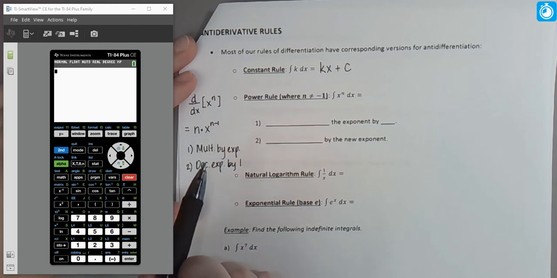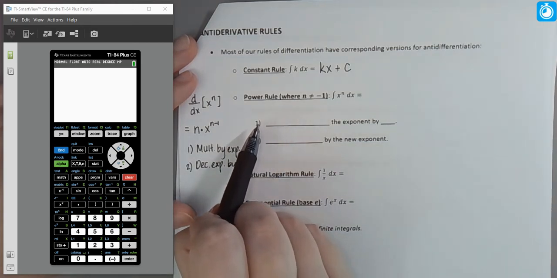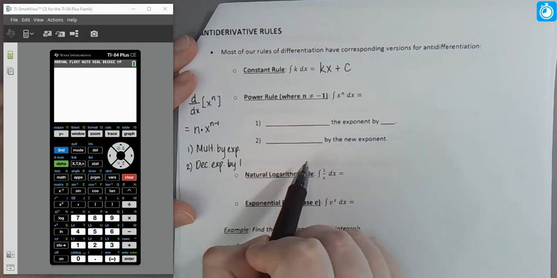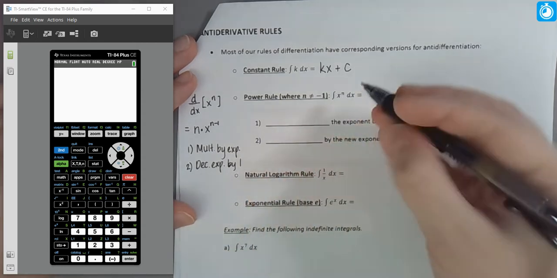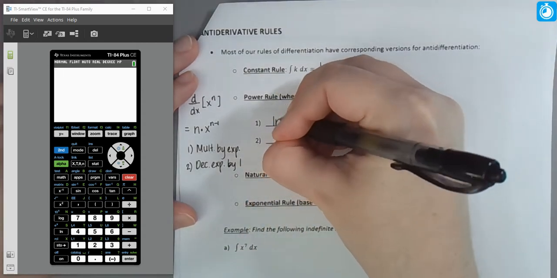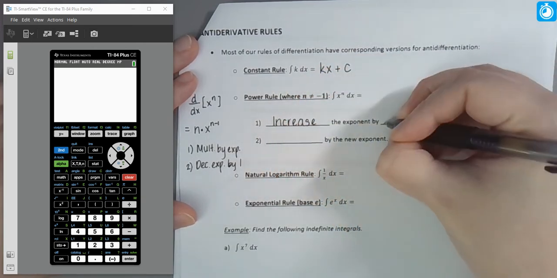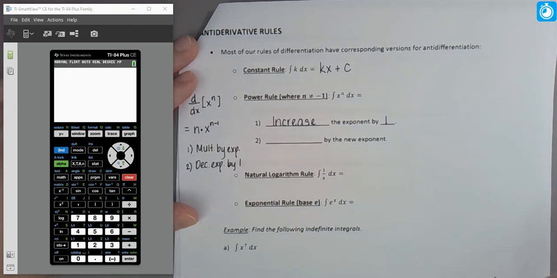So we do the opposite operations, but we also do them in the opposite order. The first thing we're going to do to anti-differentiate something where the power rule would apply is to not decrease the exponent, but increase the exponent by 1.